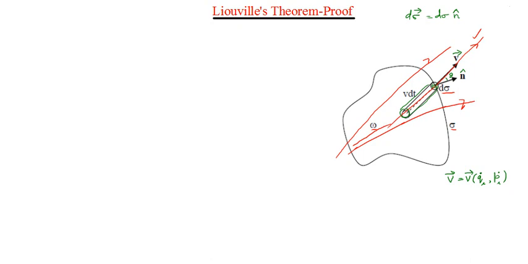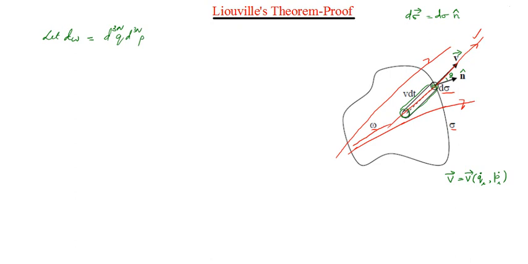Let d omega be the elemental volume, so that in general d omega is equal to d^3n q d^3n p. That will be d omega.